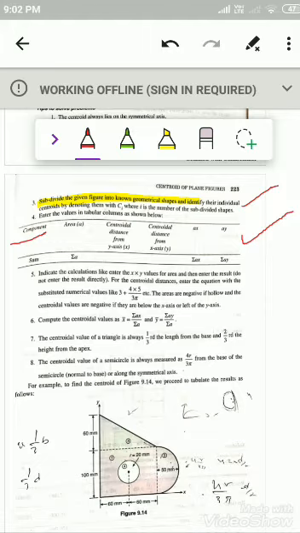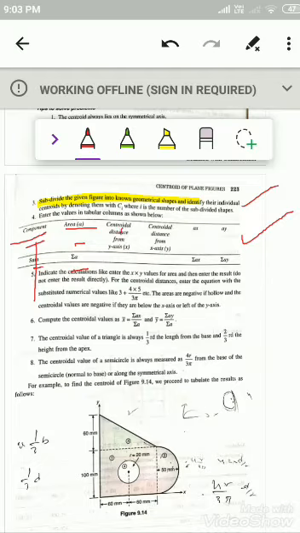Then the area: write the area of that component. If it is a rectangle, write the area of the rectangle; if a circle, the area of the circle.